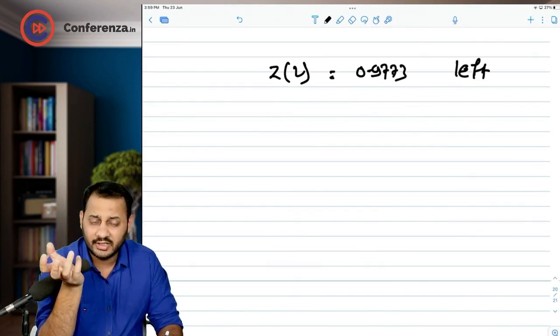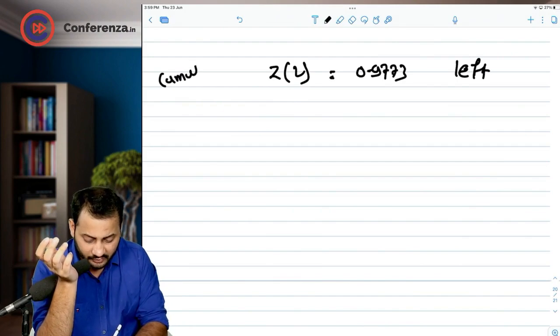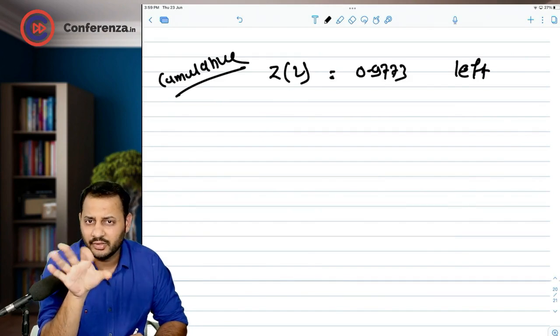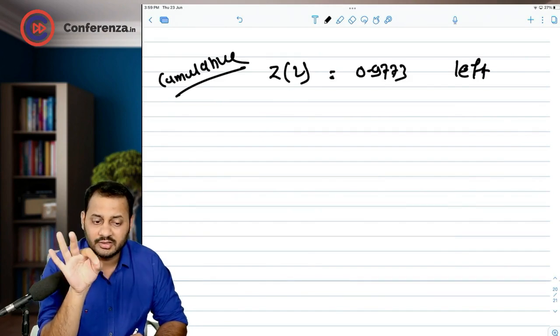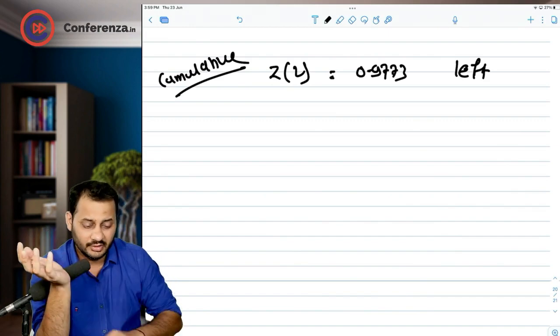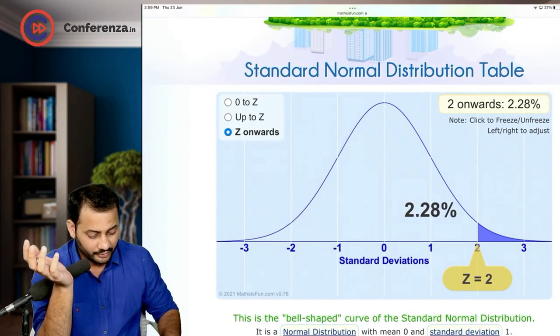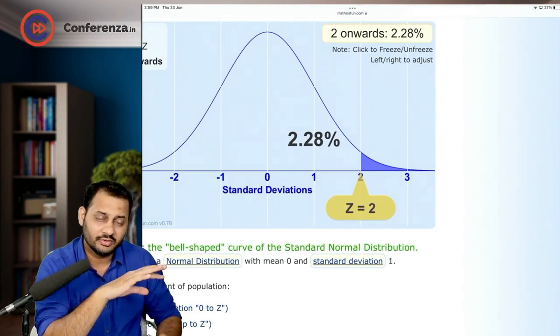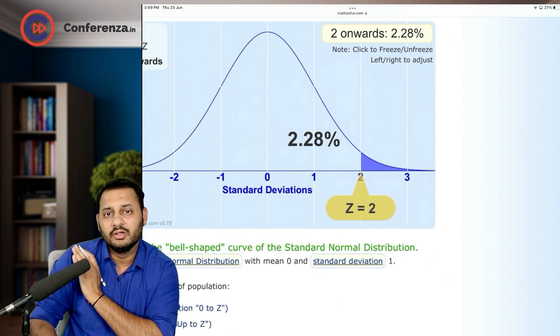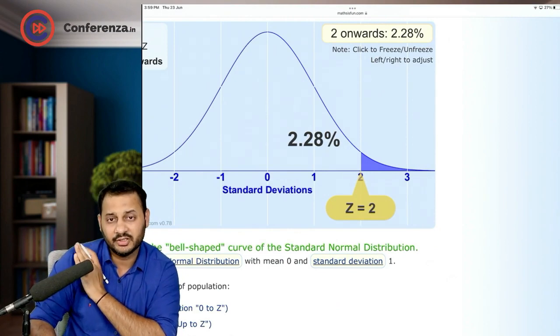Because you have taken it from the cumulative table. If you take the cumulative table, whichever point you are calculating the answer at, it considers the rest of the 50% on the other side. So if we are calculating 2.28 on the right side, it covers the area from that point to the left side area, the other area.